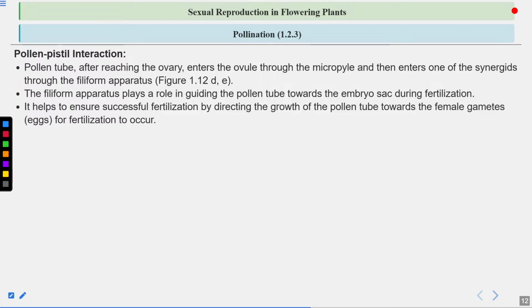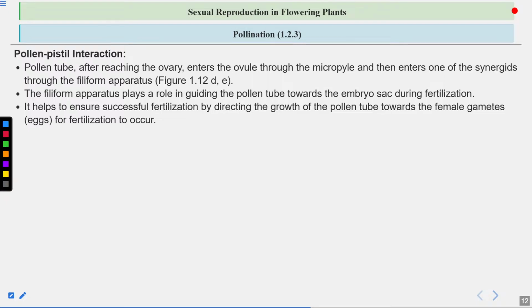Coming back. It helps to ensure the successful fertilization by directing the growth of the pollen tube towards the female gamete. So without this directing by the synergid cells, do you think fertilization could be possible? I don't think so, because this is a very important significance of the synergid cell.